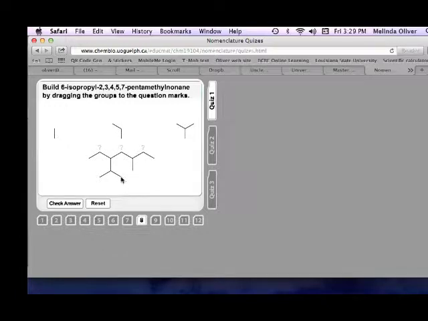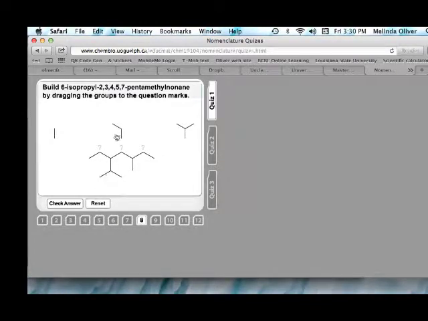If I start here, it'll be the same, 1, 2, 3, 4, 5, 6, 7. So I need to get 2 more carbons on this molecule. So I'm going to put this 2 carbon group here.